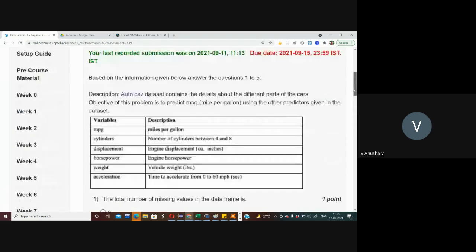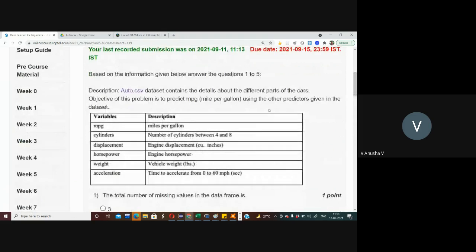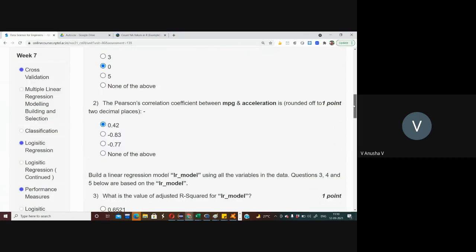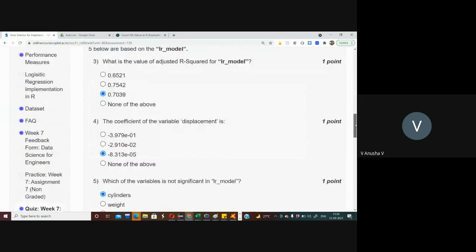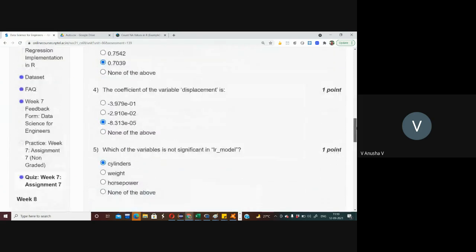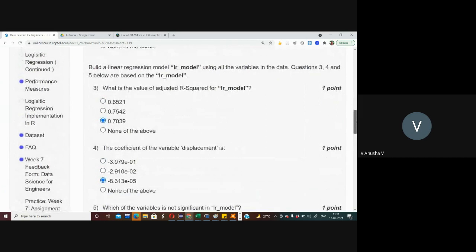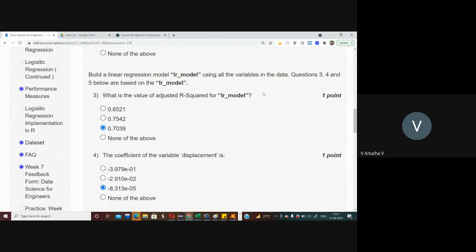Here they already told us that we have to predict MPG depending on the other predictors given in this data set. So I'll be considering MPG as my dependent variable and the other predictors as my independent variables. Whenever you want to create an LR model, you need dependent variables and independent variables. The function I will be using here is the lm function, because I want to create a linear model.